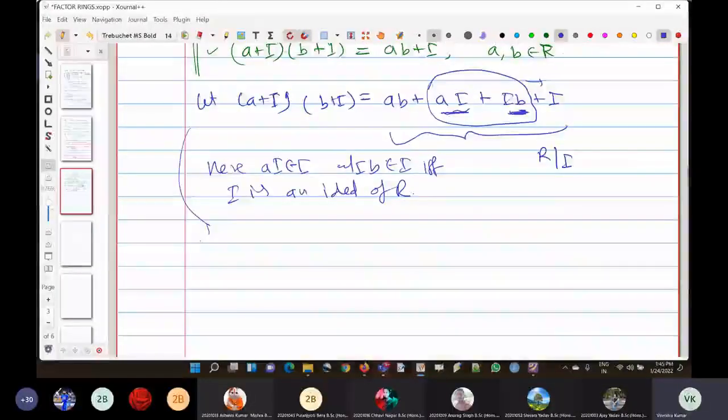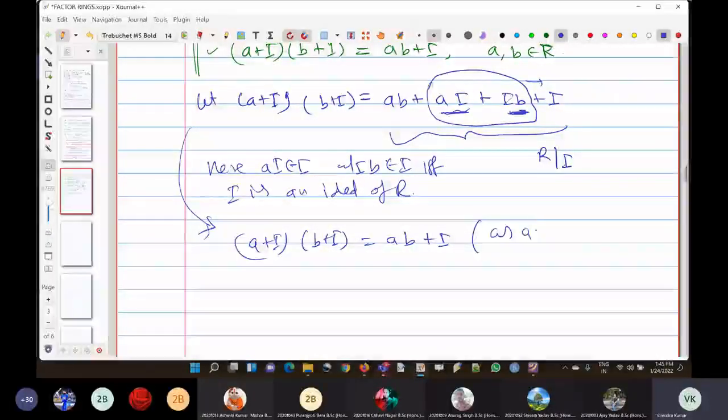So in that case, if I is an ideal, it means that A plus I and B plus I gives A plus B plus I, as AI and IB belong to I. So there's the sum also.